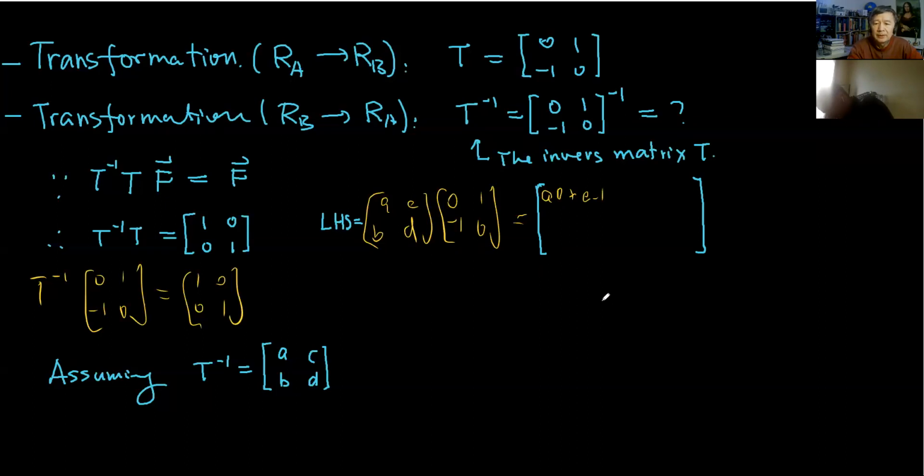That's the first element. Then that's going to be the new i-hat. And then A times 1, plus B times 0.